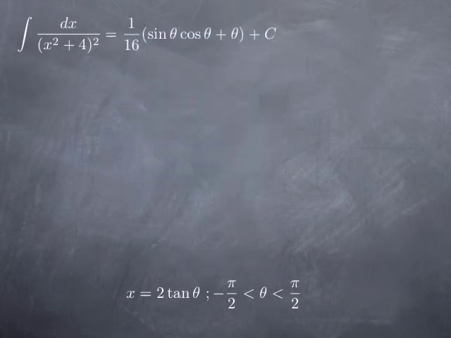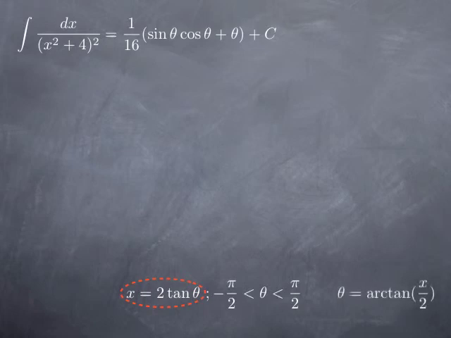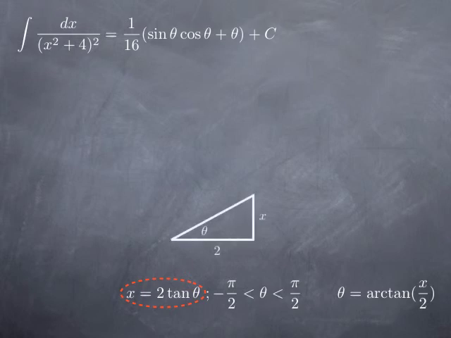Because x is 2 tangent theta, that means tangent is x over 2, and because we have restricted theta to negative pi over 2, pi over 2, that means theta is arctangent of x over 2. On the other hand, if tangent is x over 2, and we write that in a right triangle, x over 2 is a ratio in this case of the opposite side to the adjacent side.